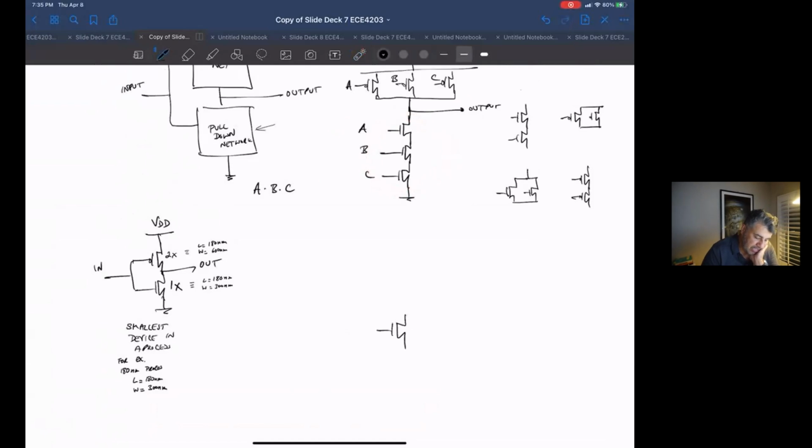We have 3 guys in series. And we want to make the resistance of this the same as one guy. So we want to make it the same as that guy, and we have 3 guys. So how would I size these 3 guys?